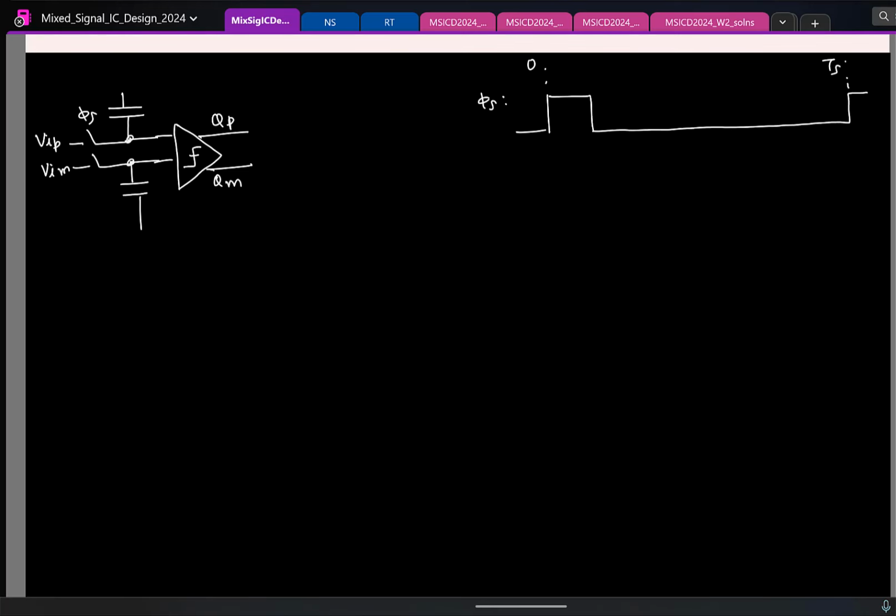Now let's figure out, we are sampling the input when phi s is high, right? So when can we start the comparison? After phi s goes low, right? And remember, all our comparators are clocked comparators, which means in one clock phase it starts the comparison. In the other clock phase, what happens to the outputs? In the StrongARM latch, what are we doing in one clock phase?